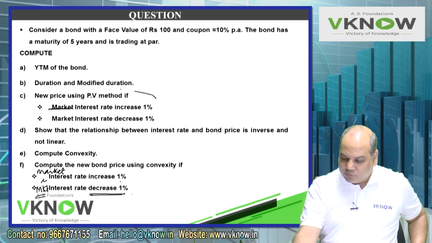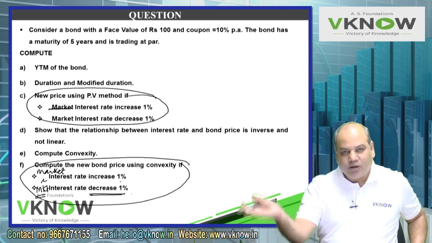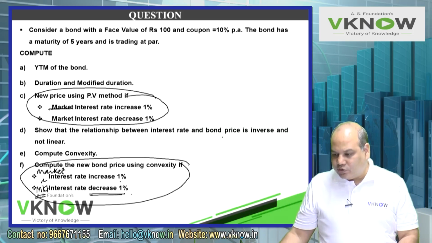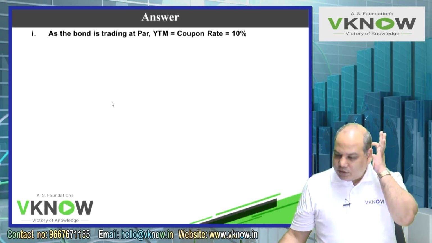So the same problem we have to solve by PV method, convexity method, and we can also solve by modified duration method also. So this way the question can be asked to you for convexity. So first write down one note.